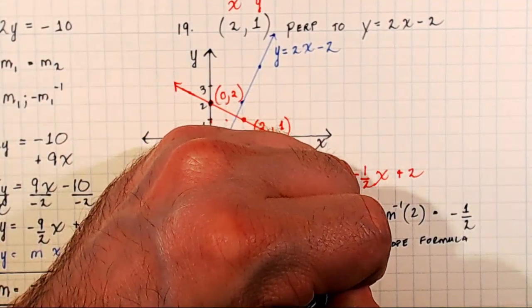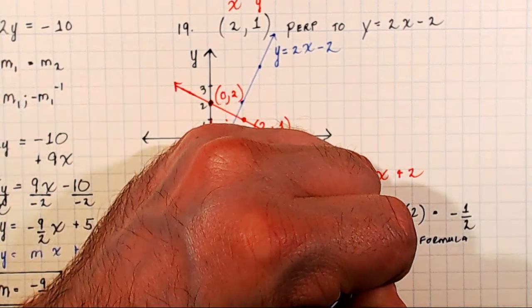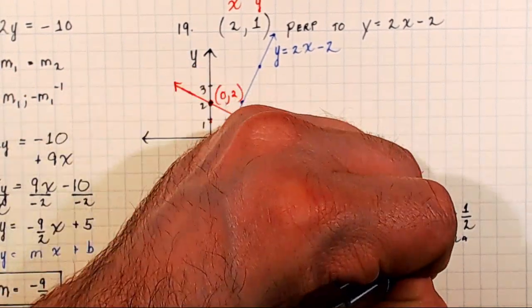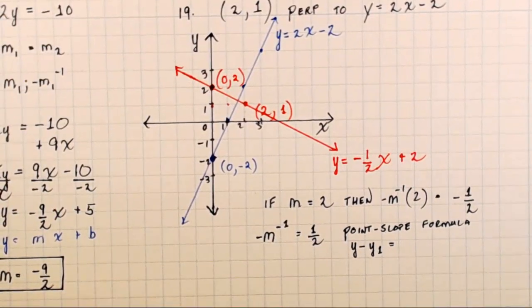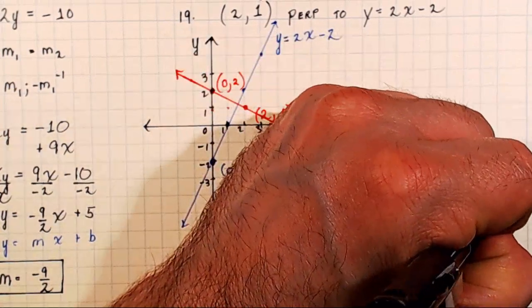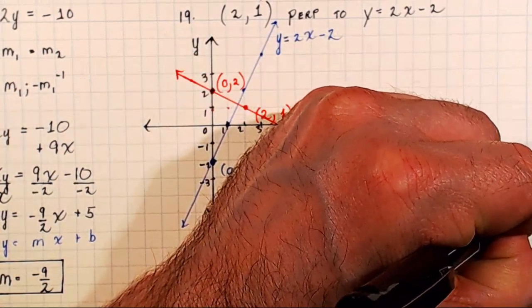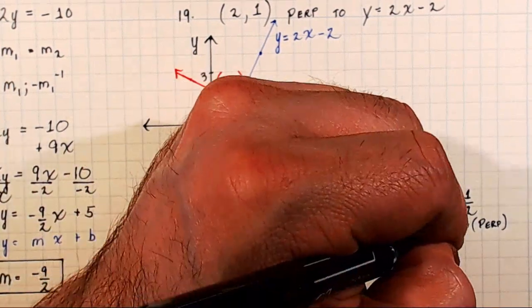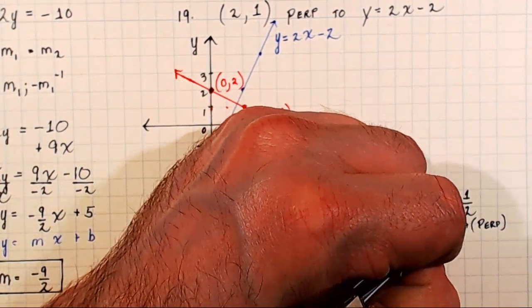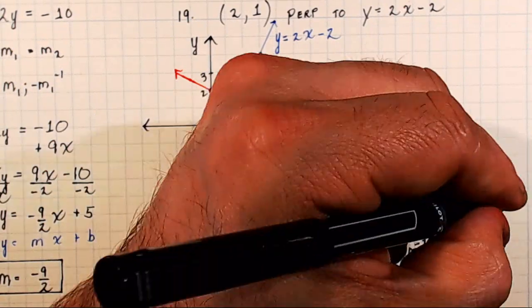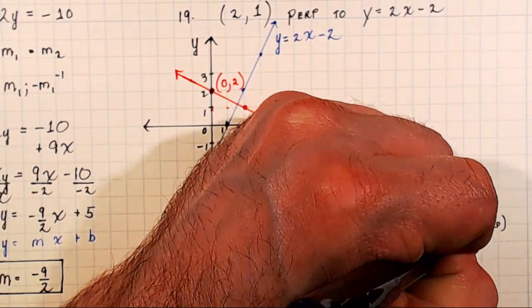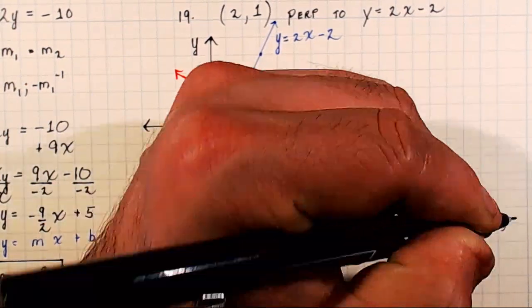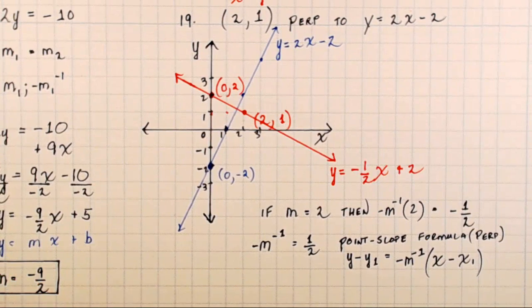Point-slope formula is y minus y1 equals, typically m, but because we're finding the line for a perpendicular line, we'll say y minus y1 equals the negative reciprocal slope times x minus x1.